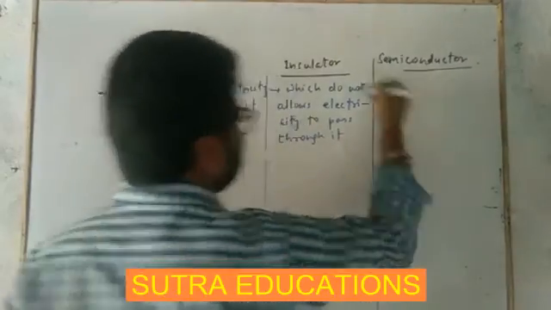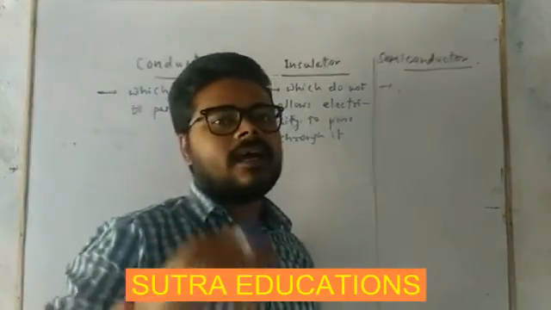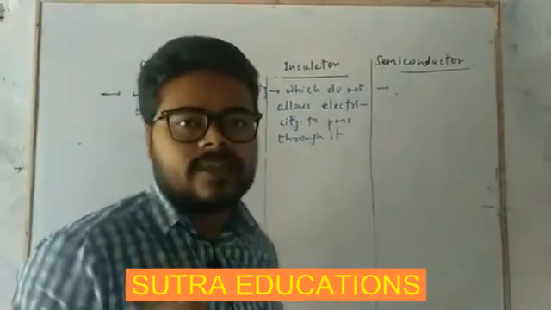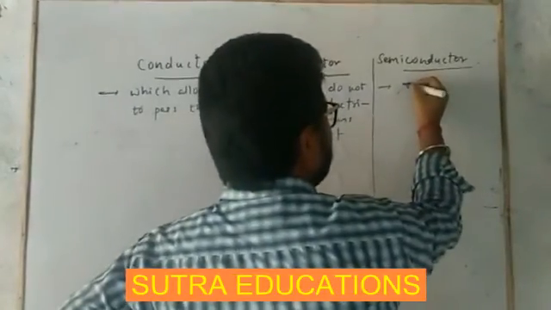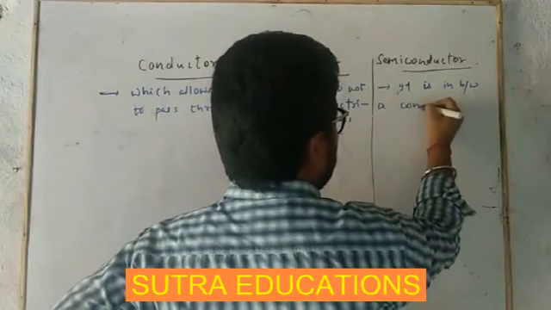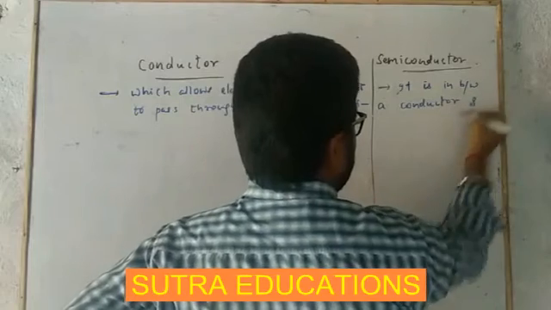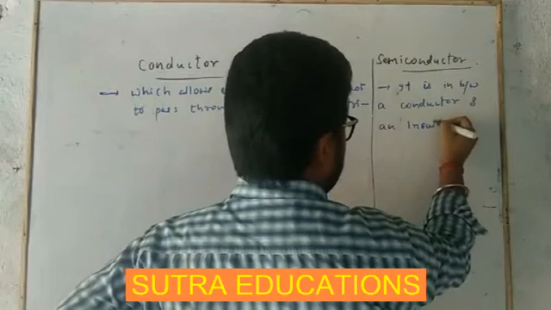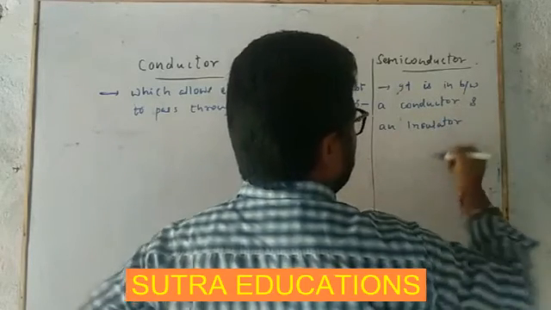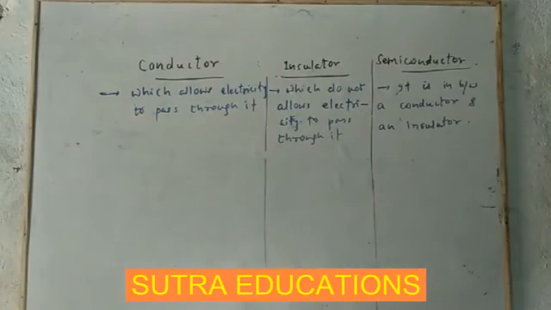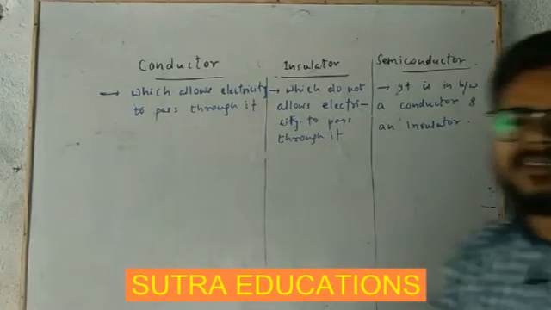And semiconductors are in between a conductor and an insulator. This means the conductivity is less than that of conductors and more than that of insulators. This is a very basic thing.